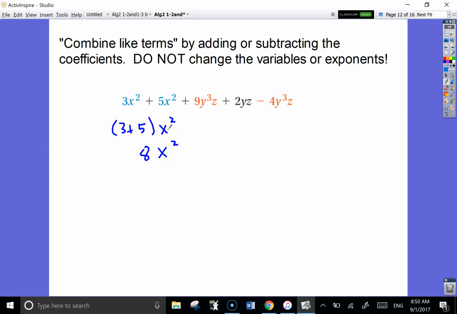Now we don't often show this step of writing in parentheses the 3 plus 5, but that is what we're doing, right? And let's see, 9y to the third z minus 4y to the third z. How many y to the third z's do we have if it's 9 minus 4 of them? And that would be 5.